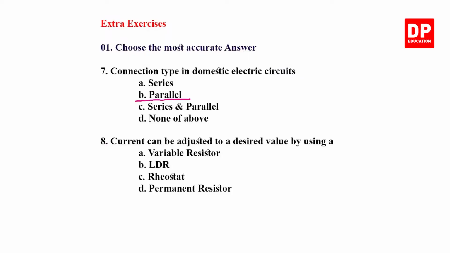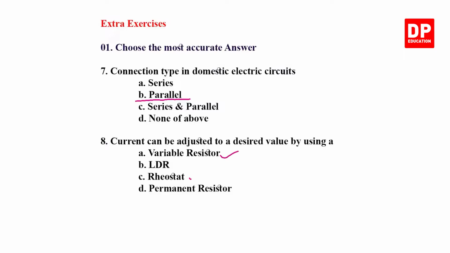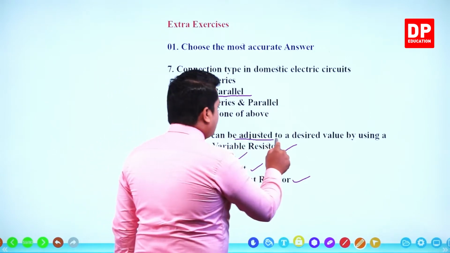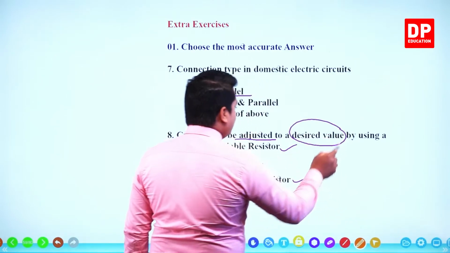Right. Current can be adjusted to a desired value by using what? Now, current can be adjusted by using a variable resistor, a rheostat, a permanent resistor and as well as an LDR. All of these are correct to adjust the current. But the thing is, to a desired value.